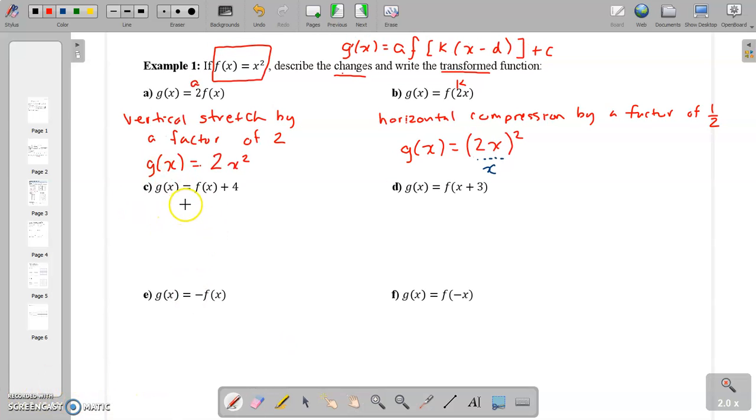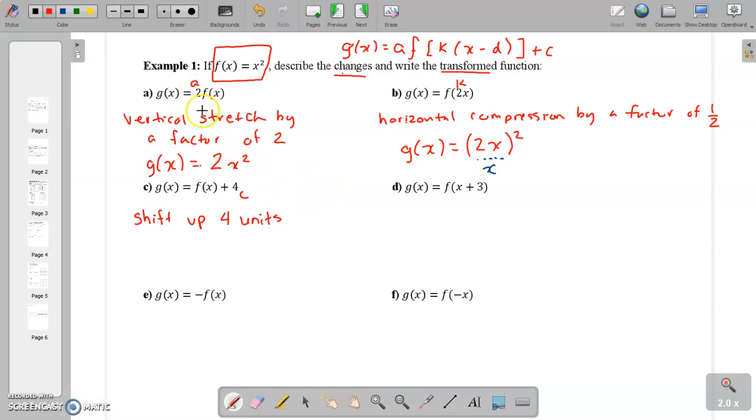And now here, when we have g of x equals f of x plus 4, which part of the function is this 4? That's correct, it's the c. So that means it's going to be a shift up or down. And since it's plus 4, we say that we're going to shift up 4 units of the original y values.